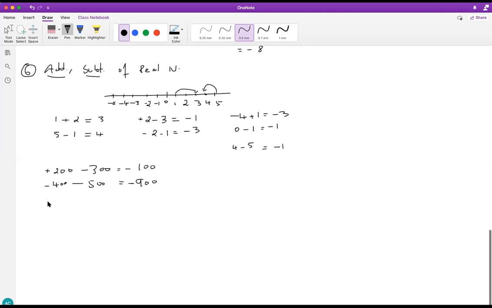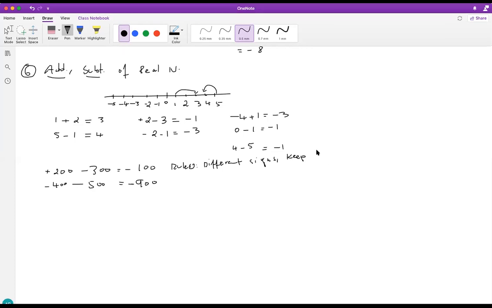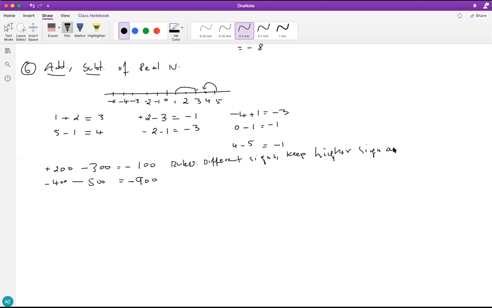So let's write the rules for these. Rule number 1: if you have different signs, keep the higher sign, because they're different, and subtract, or find the difference.